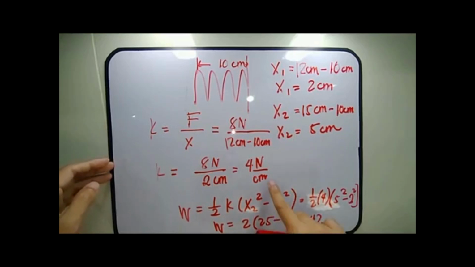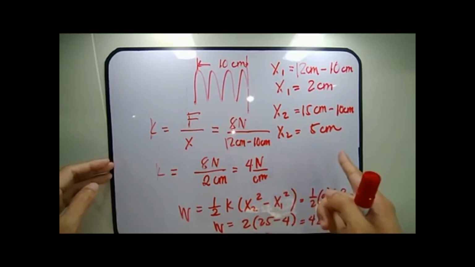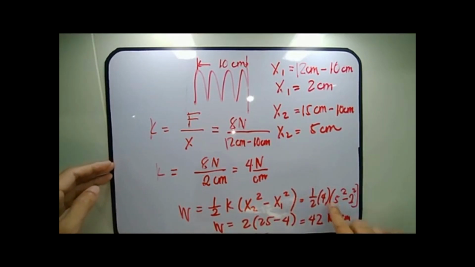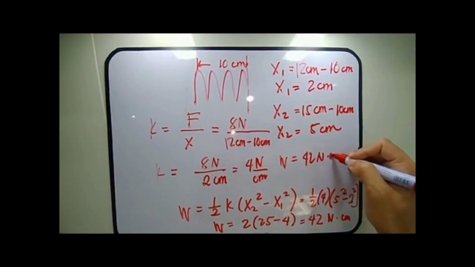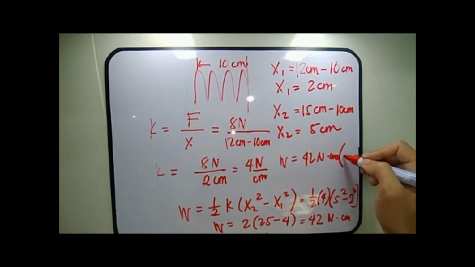So for the unit, newton per cm, this will become newton cm, because this is squared, so newton per cm times cm squared, so newton cm. But our unit in our choices is joule, so we need to convert this to newton meter, which is equivalent to joule. So work equals 42 newton cm, multiplied by our conversion, 1 meter is 100 centimeters.